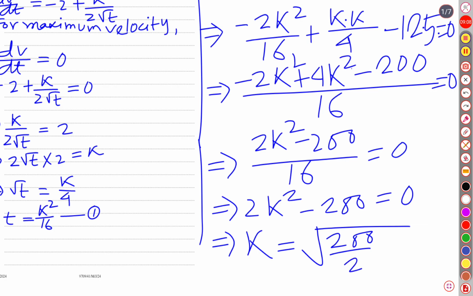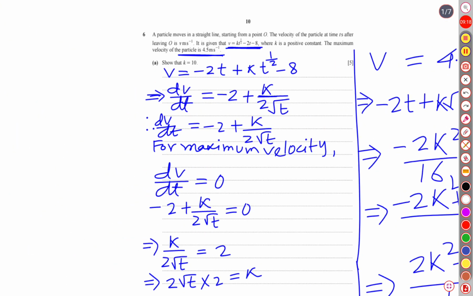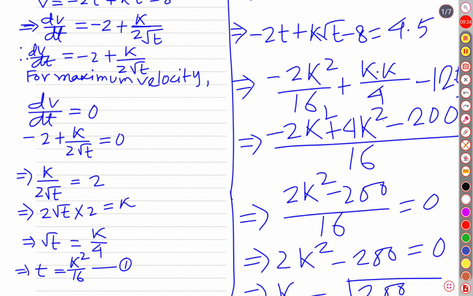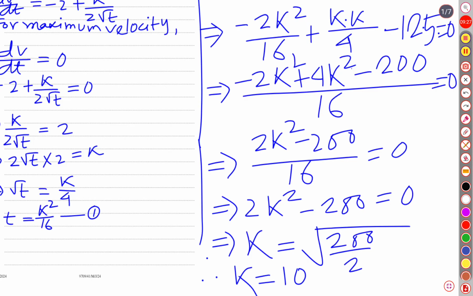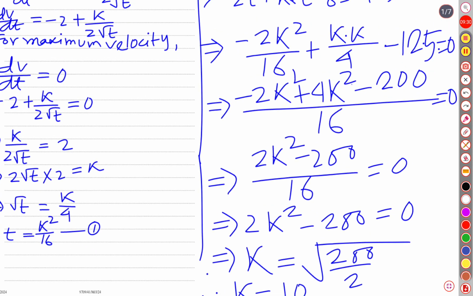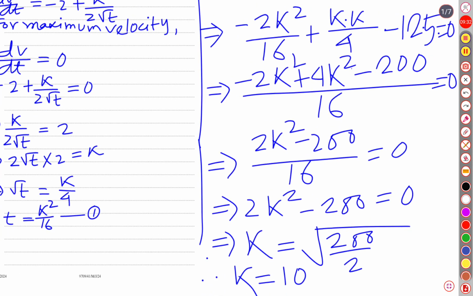So 200 over 2 means 100. Square root of 100 means 10. Hence k is equal to 10. We are ignoring negative value because they have told that k is a positive constant. It is written that k is a positive constant. So we are ignoring negative value. That means our k is equal to 10. And they have told us to show this. Let us write here showed.